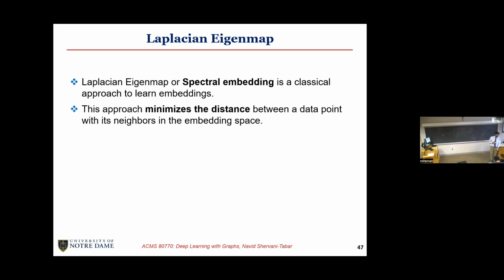Even random walk procedures are not deterministic, but it has been shown that you can, at the end of the day, rewrite that as a matrix factorization problem. So that's what we refer to as deterministic.